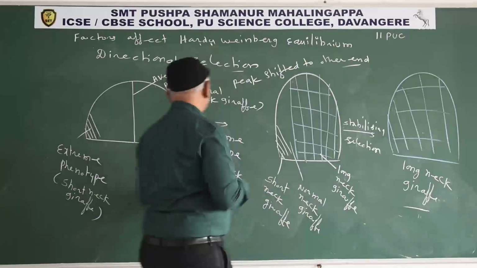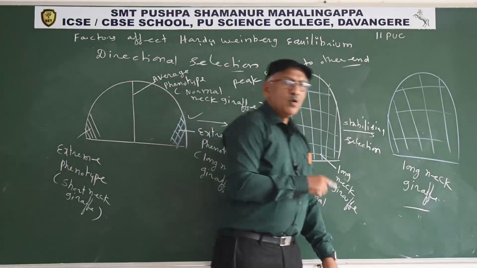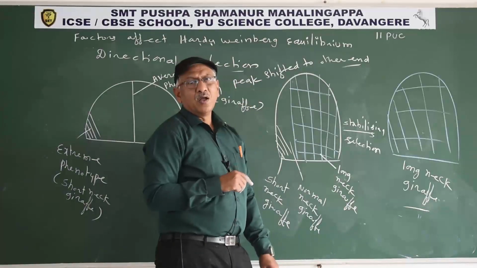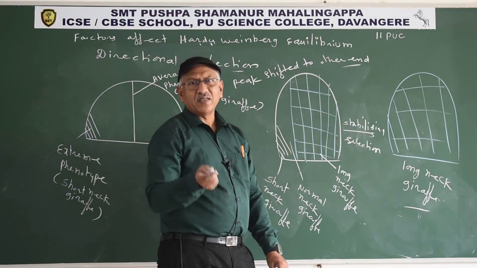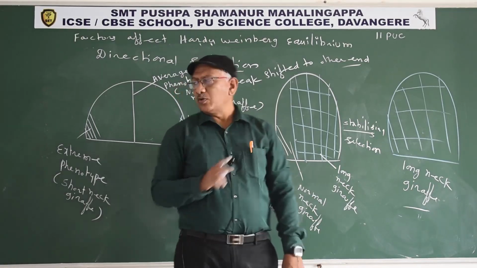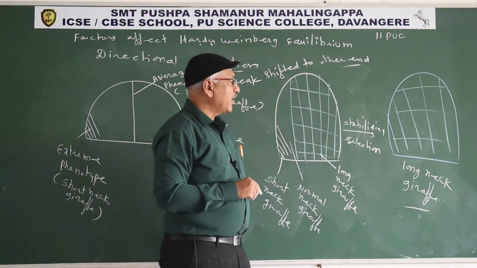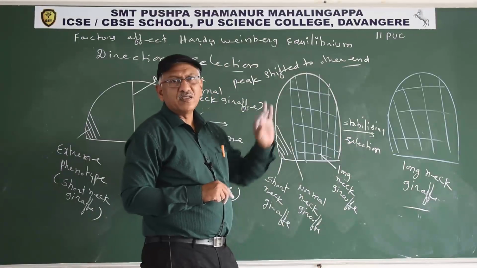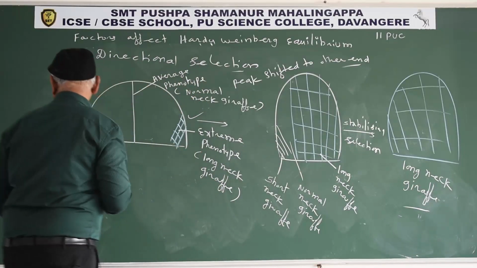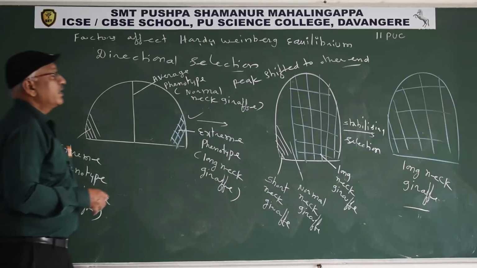So due to operation of directional selection followed by stabilizing selection, one new species is evolved. Due to functioning of stabilizing selection alone, no new species is evolved. Once again, directional selection followed by stabilizing selection, one new species is evolved.